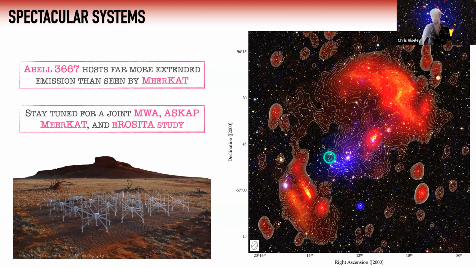However, I'm in the process of carrying out a joint study with MWA, ASKAP, MeerKAT, and eROSITA, and you're seeing the low frequency MWA data at 154 megahertz here in the red color and contours, and we detect the radio halo and the bridge region between the relic and the cluster center, but we also detect the full downstream emission from this spectacular northwest radio relic, which is something that even with MeerKAT's phenomenal sensitivity, the spectrum is too steep to recover here, given the present data products.